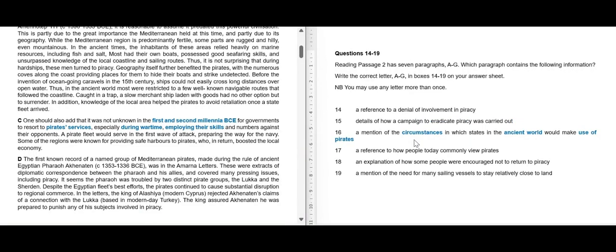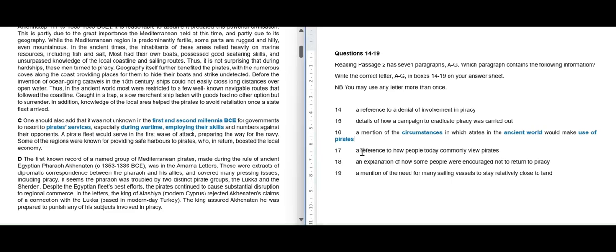Question 16. A mention of the circumstances in which states in the ancient world would make use of pirates. The keywords in this question are circumstances, ancient world, and use of pirates. So we have to look for the synonyms or examples of these words and phrases or a paragraph in which use of pirates is mentioned.